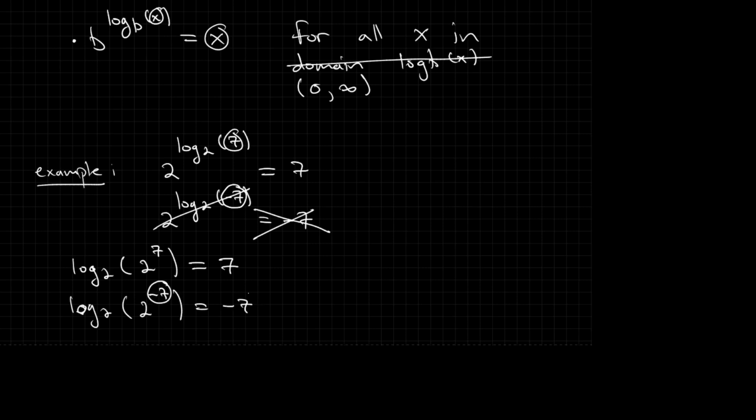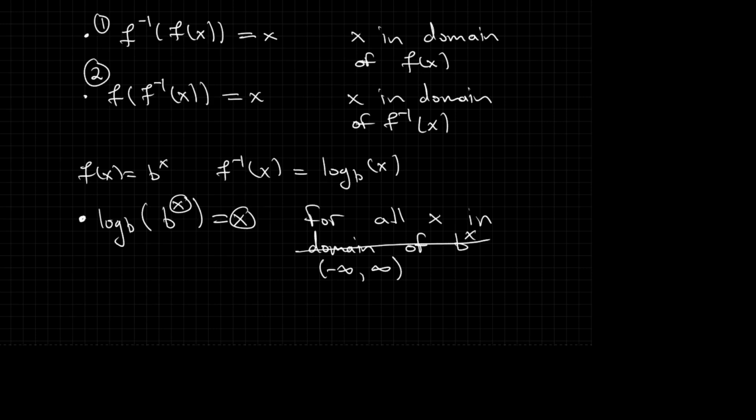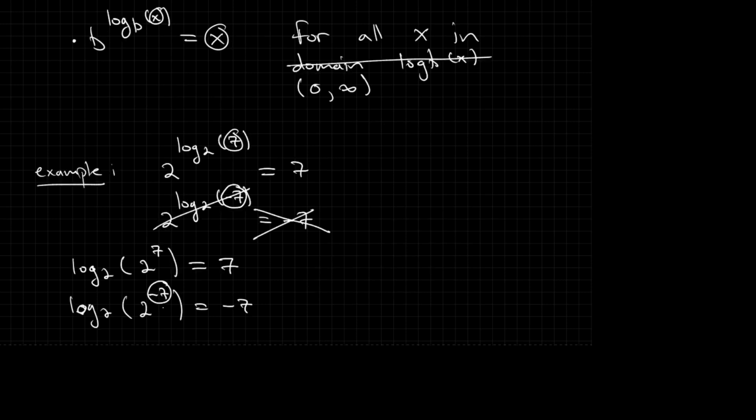Remember, in order to say that log base b of b to the x is x, x has to be in the domain of b to the x, which is any real number. So we don't have the same hindrance as we did with this example. We can do log base 2 of 2 to the minus 7, and that answer will be negative 7.